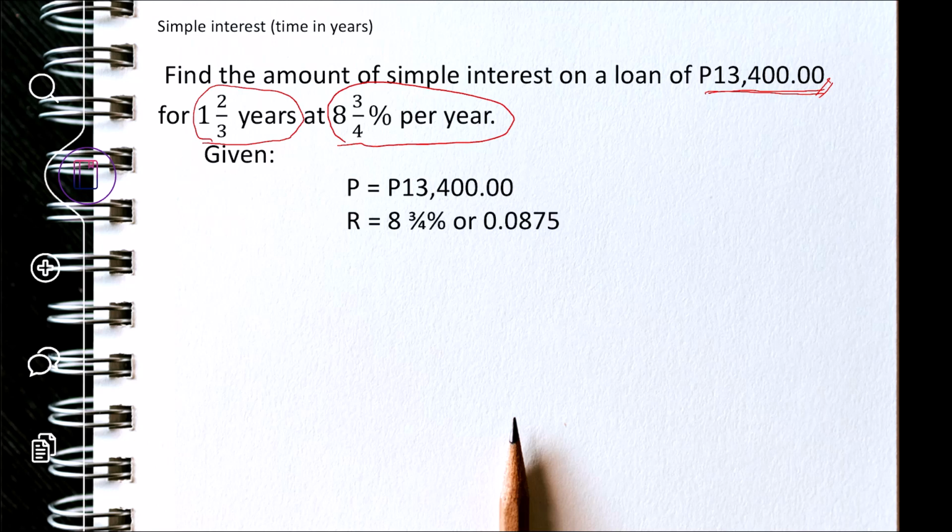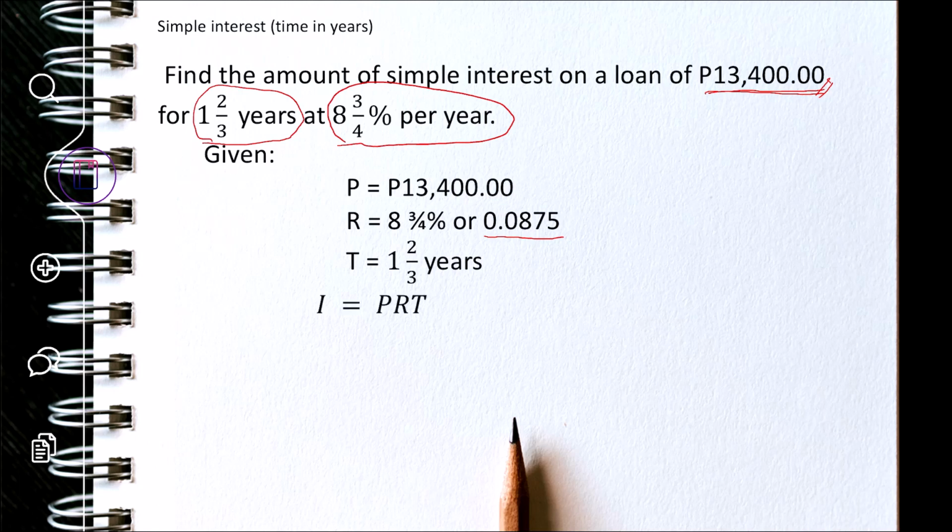And then the rate is 8 and 3/4% per year. Or pag kinonvert natin sa decimal point, that is 0.0875. Again, the time is 1 and 2/3 years.